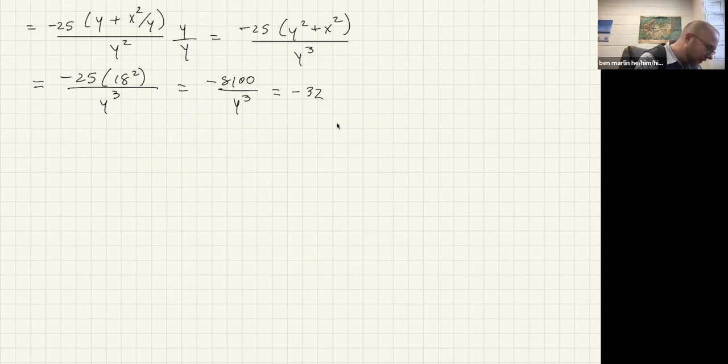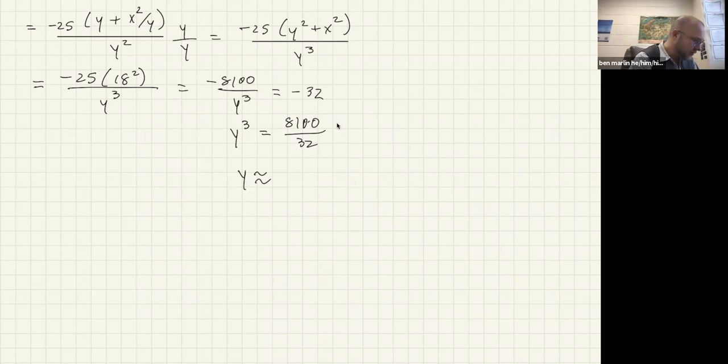And that means that you can go ahead and solve for this and have 8100 over 32. And I'm going to have to grab a calculator and just get a good approximation there. And so 8100 divided by 32 to the power of 1/3 for a cube root.